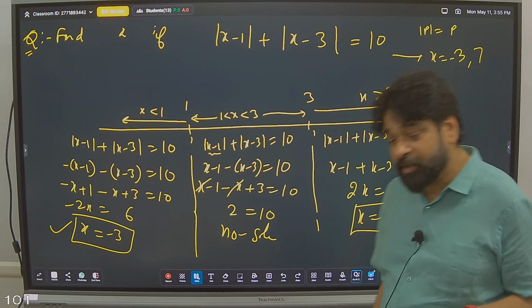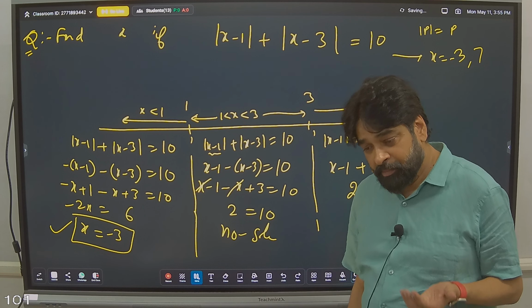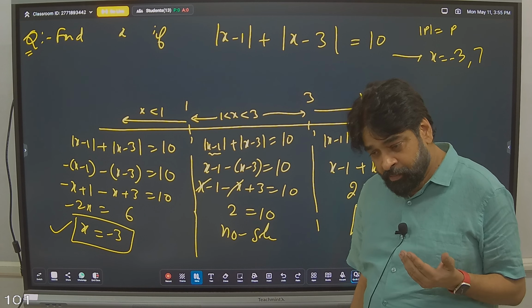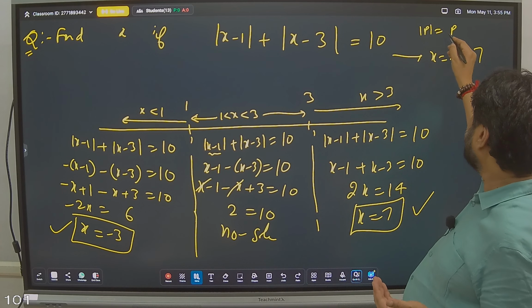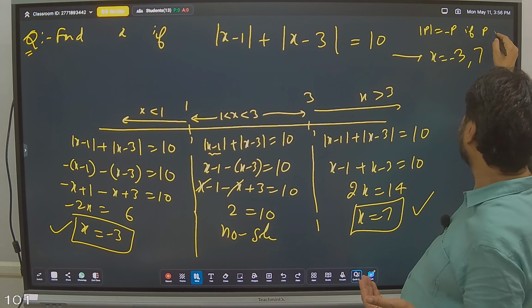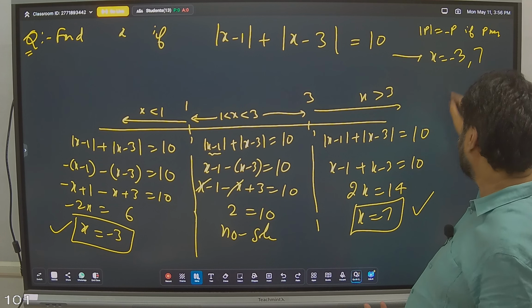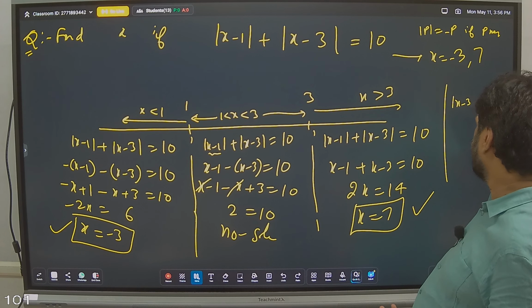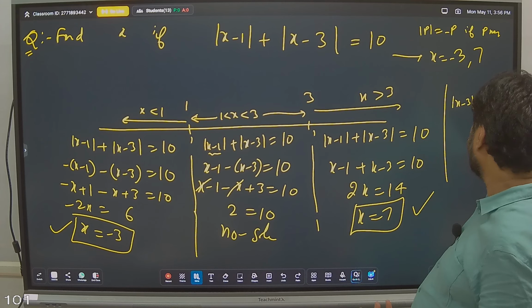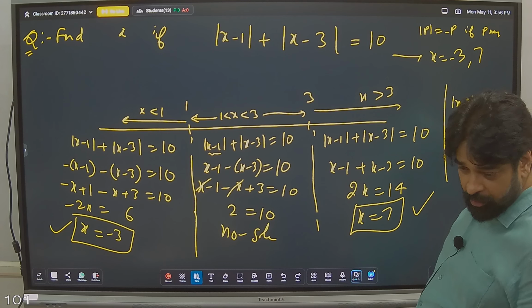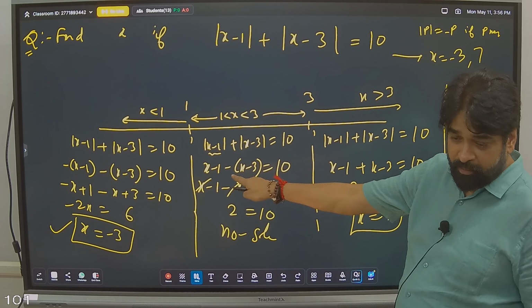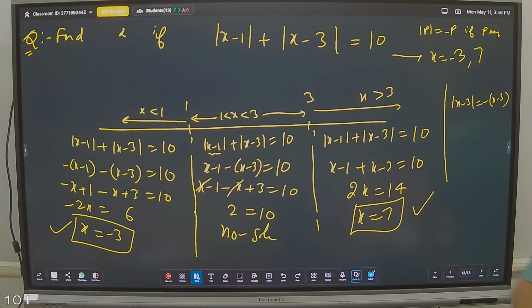Negative. So mod of x minus 3 will become minus of x minus 3, since mod p equals minus p if p is negative. Yes or no? That's what I wrote. Is this clear to everybody?